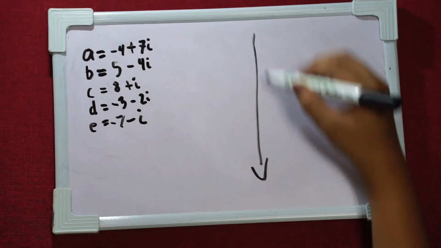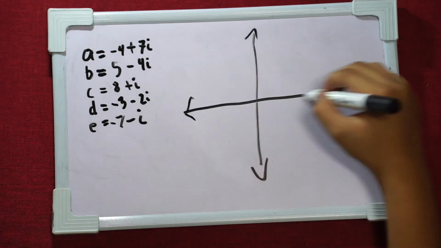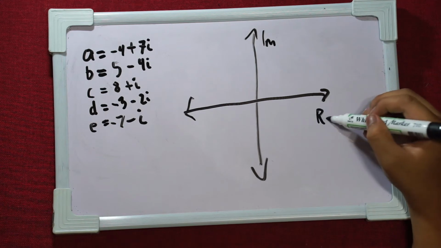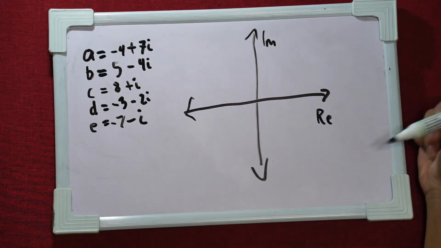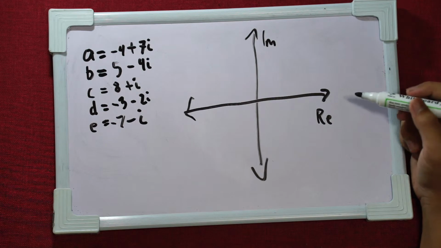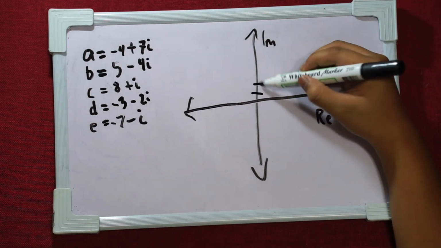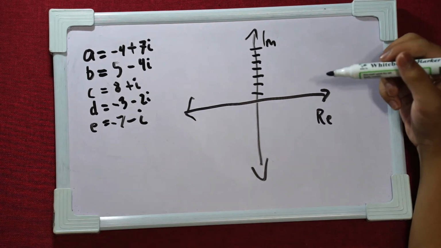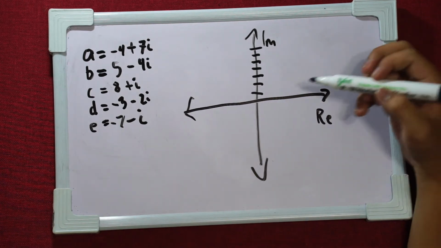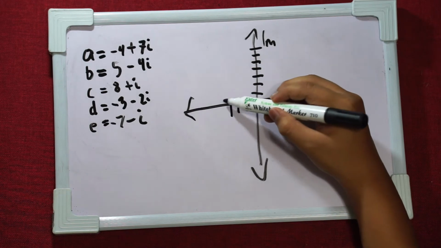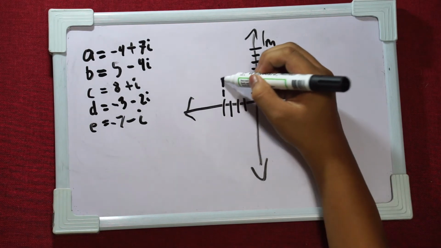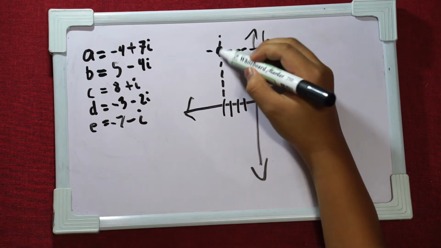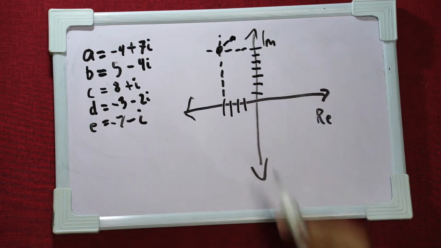So this is the imaginary part and this is the real part. The imaginary part of a is 7, just like I mentioned a while ago. So 1, 2, 3, 4, 5, 6, 7. And the real part of a is -4. So 1, 2, 3, 4. So it would be here. That is a.